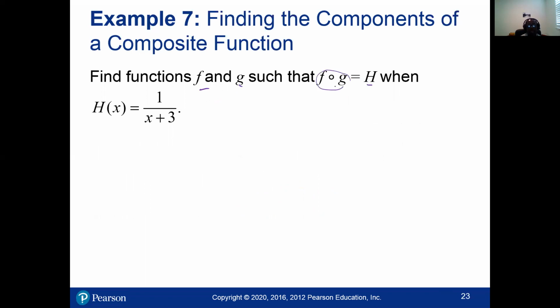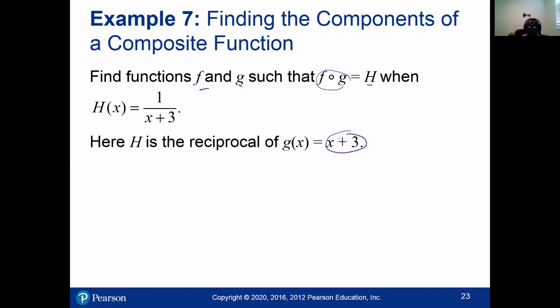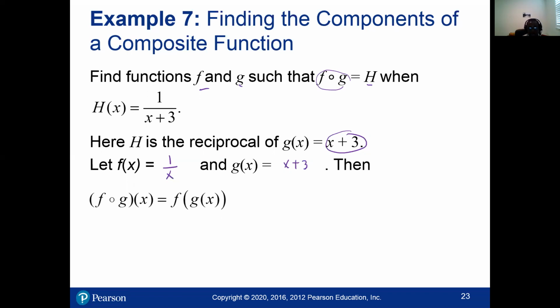As you can see, h of x is equal to 1 over x plus 3. So h is the reciprocal of this expression, and we can let f of x be 1 over x, and g of x be the expression x plus 3.